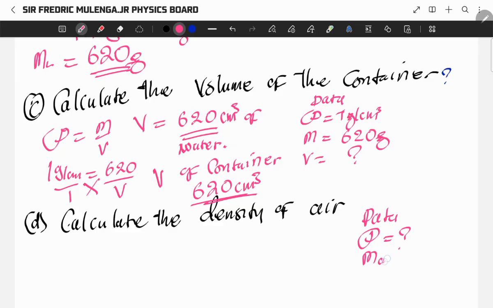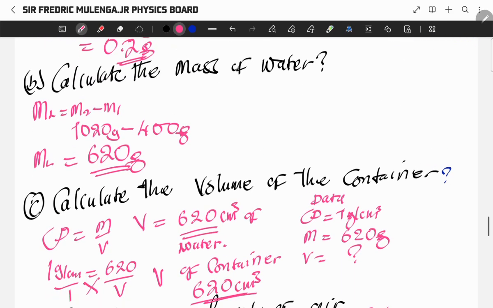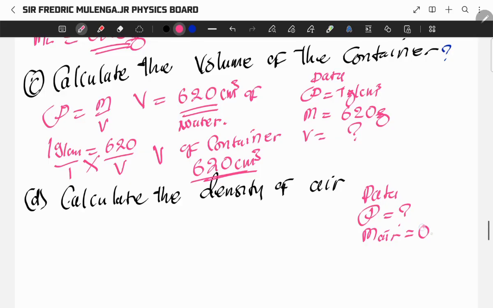The mass of air we've calculated, the one we solved at first, is 0.2 grams. Then volume. Remember it was the same bottle which was also filled with air, and they also used the same bottle to fill water.